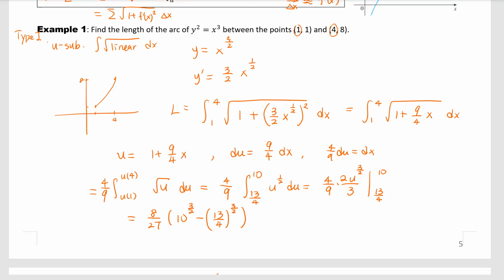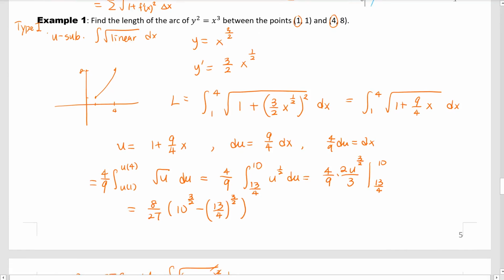And that's it. You can leave your answer like this, or if you want, you can type it into the calculator. So far, so good. See, why are we able to solve it in this case? Because we have a linear function in the square root, so we can use u substitution. This is the first type we're able to solve the integral.